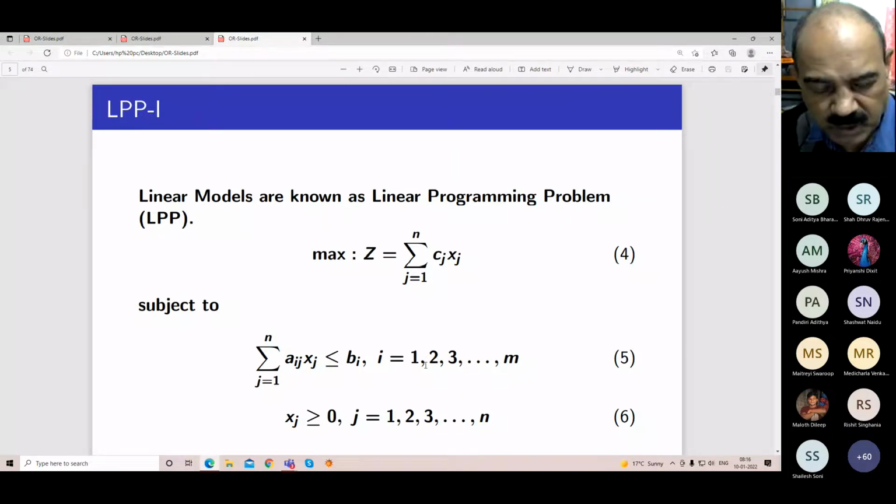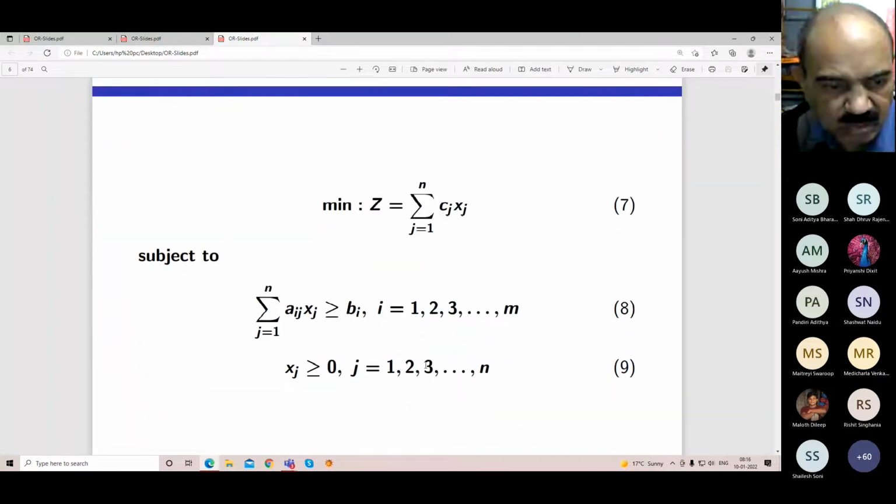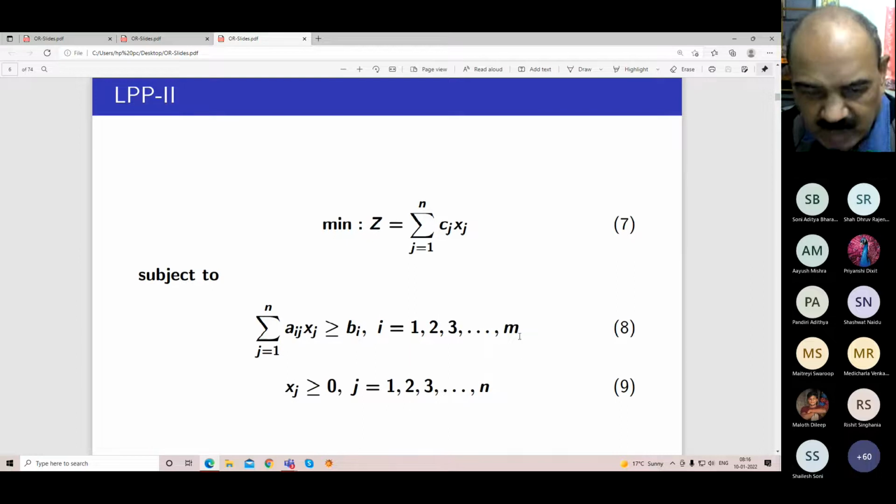Similarly, in model 2, there are m greater than or equal type inequations. These are known as type 2 inequations. So there are two types, greater than or equal type and less than or equal type.